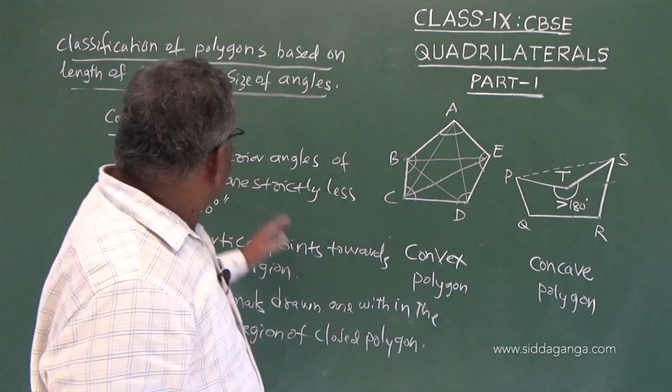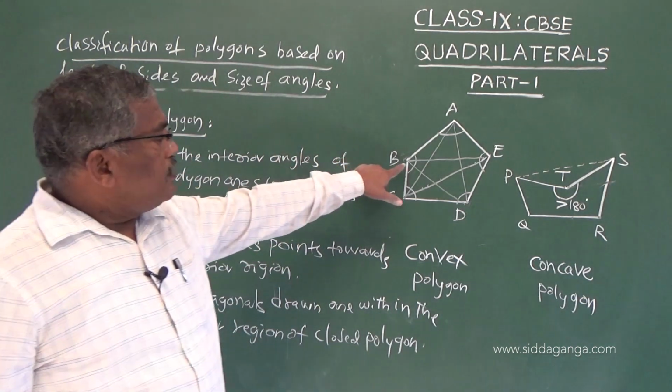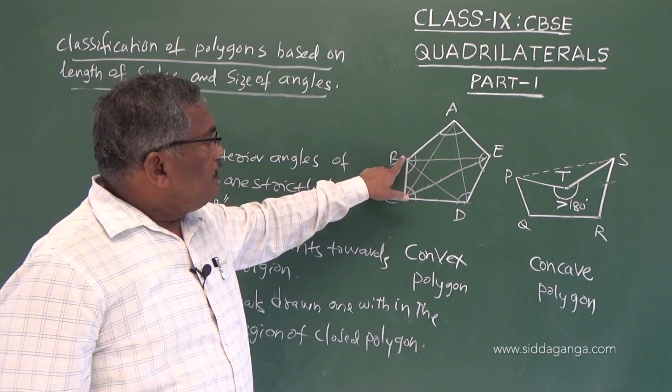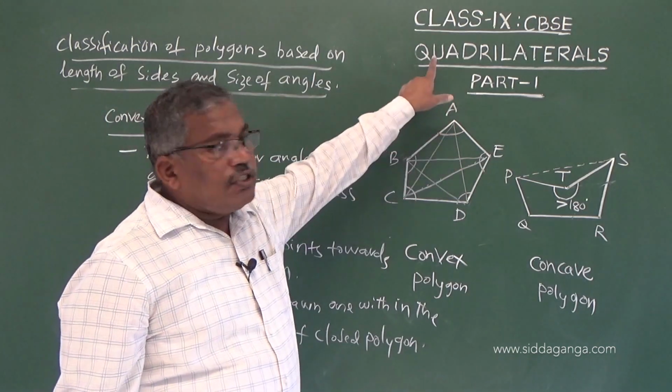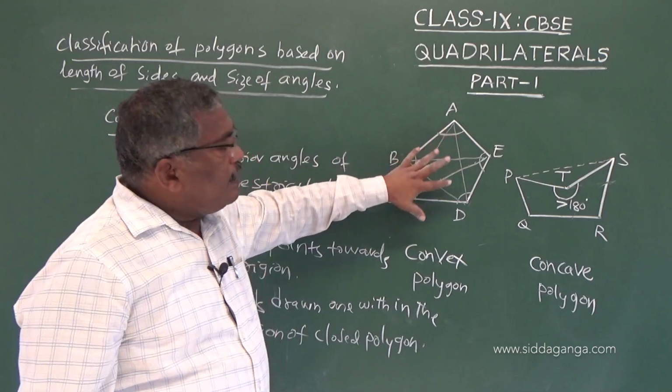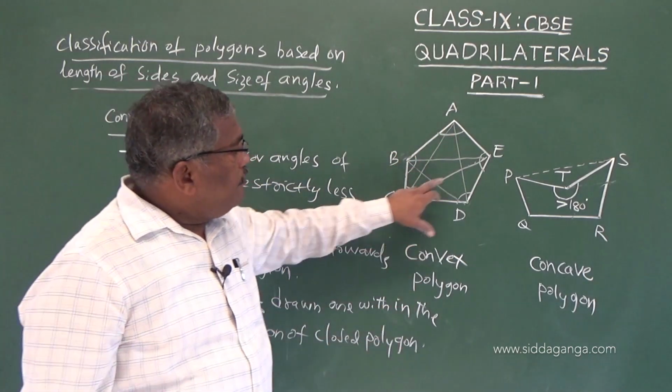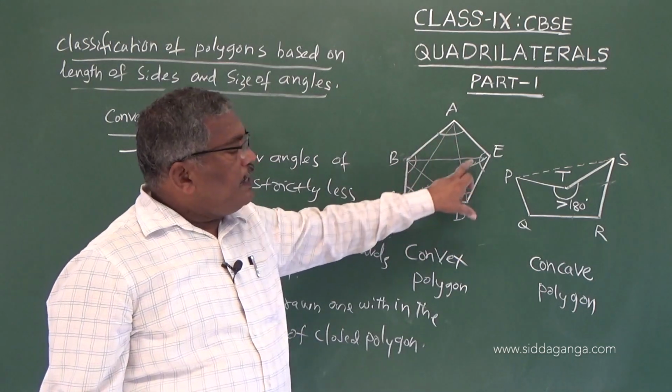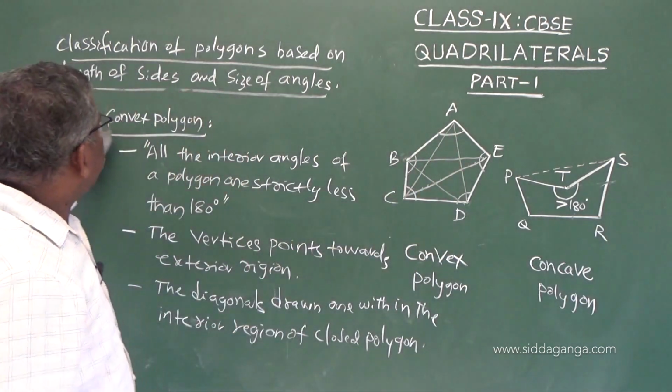So these are the 3 points. All angles are less than 180 degrees. The vertex always points towards the exterior region, and the diagonals always fit within the interior region.